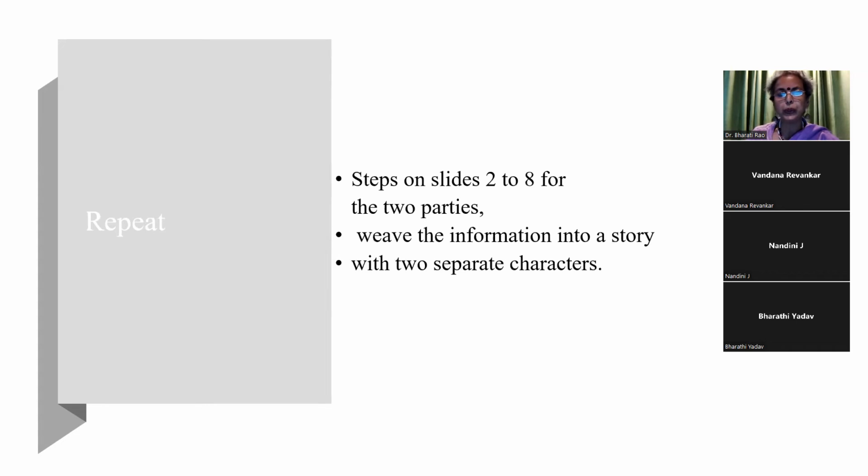So both the issues you need to write and repeat on slides 2 to 8 for the two parties. Weave the information into a story with two separate characters. So what I mentioned here, I request you to go through these slides individually and write your own stories.